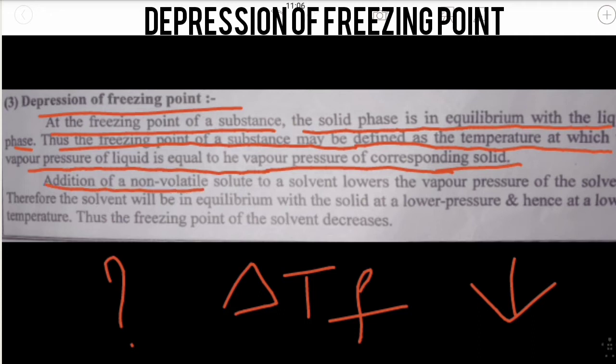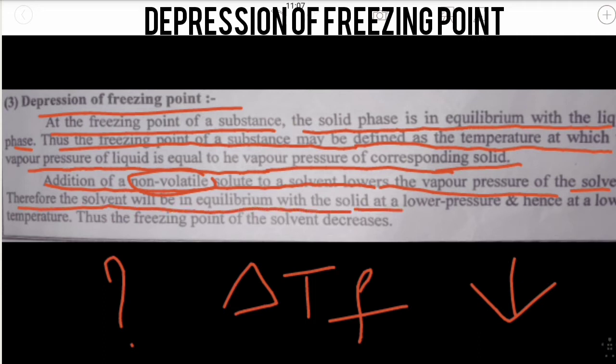Addition of a non-volatile solute to a solvent lowers the vapor pressure of the solvent. What is non-volatile? A solute which does not get vaporized easily is called non-volatile. It will decrease the vapor pressure of the solvent. Therefore, the solvent will be in equilibrium with the solid at a lower pressure, hence at a lower temperature.